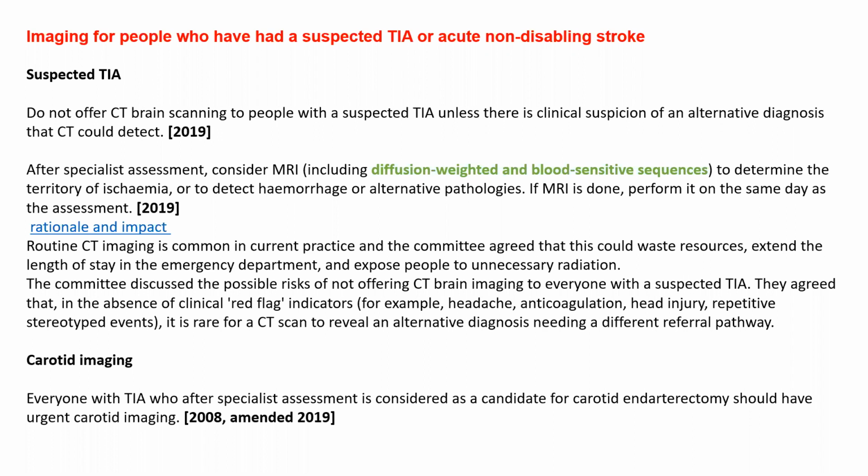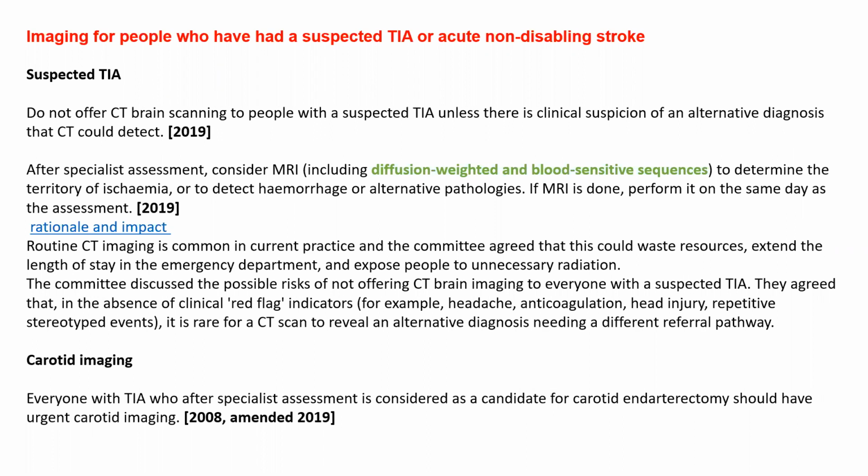This is now changed. All patients presenting with symptoms of TIA should be seen by a stroke specialist or neurologist within 24 hours for evaluation and to do brain MRI with diffusion weighted imaging. So this is the first important thing.